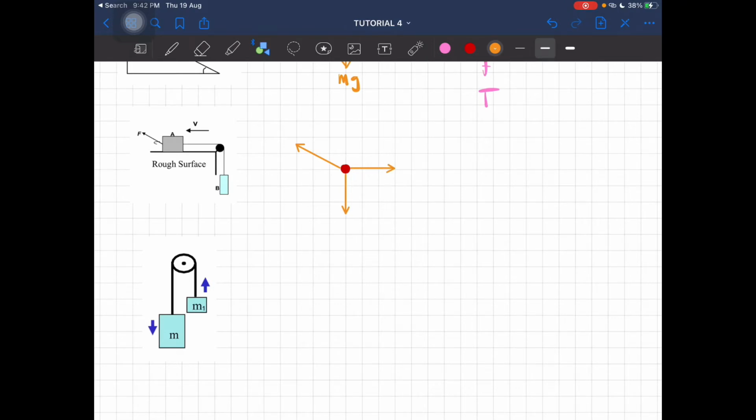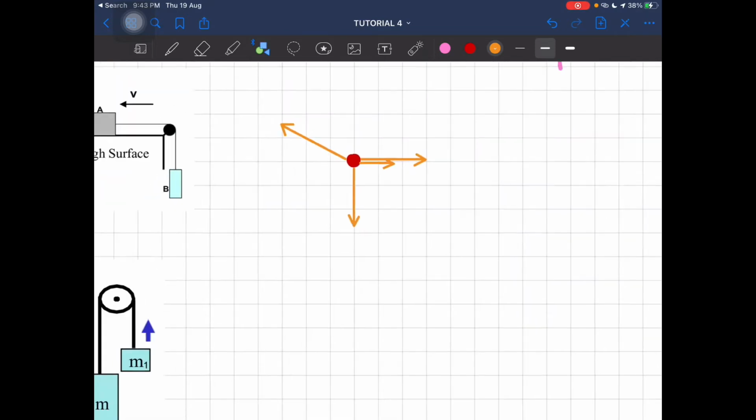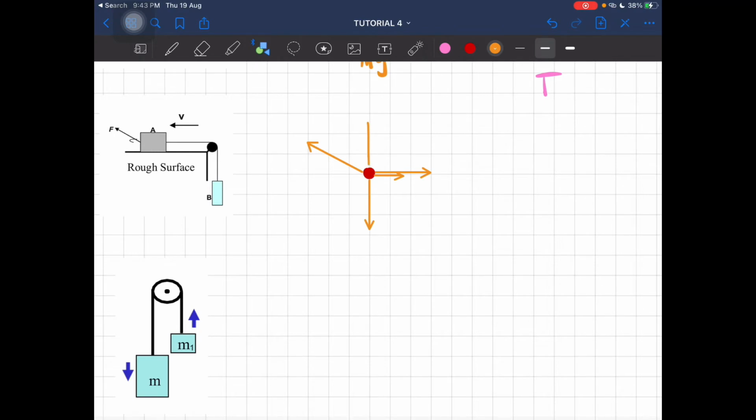This is a rough surface, so there is a friction force. It is also in contact with a surface, so it would have a normal reaction, normal force. So that is basically it for A.